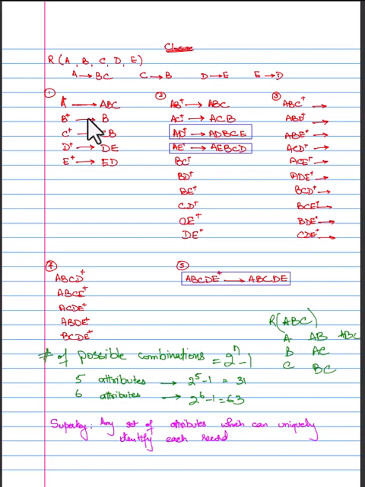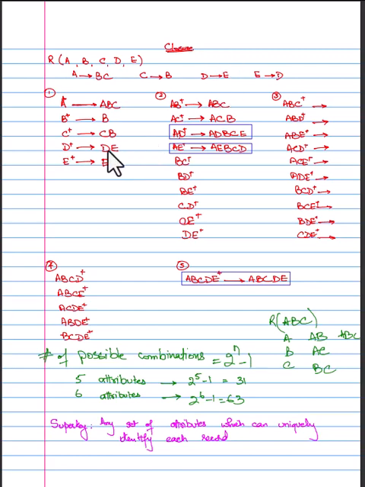Similarly, B identifies B, which is the reflexive property, but B is not identifying any other attribute, as we can see from the given scenario. C identifies C, as well as C identifies B as given. So using the reflexive property and the given scenario, we can say the closure of C is CB. Similarly, the closure of D will be D and E, because the reflexive property says D identifies D and D identifies E as given.